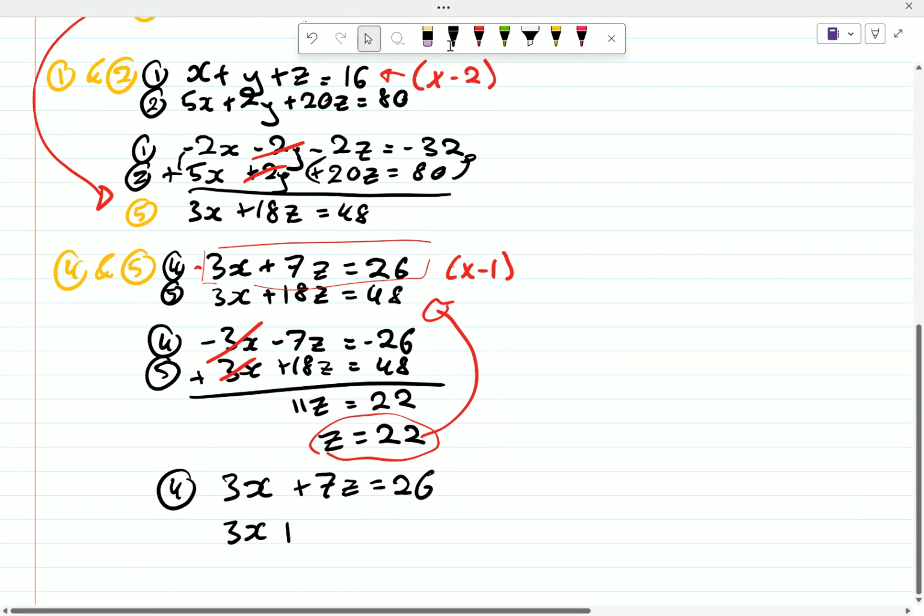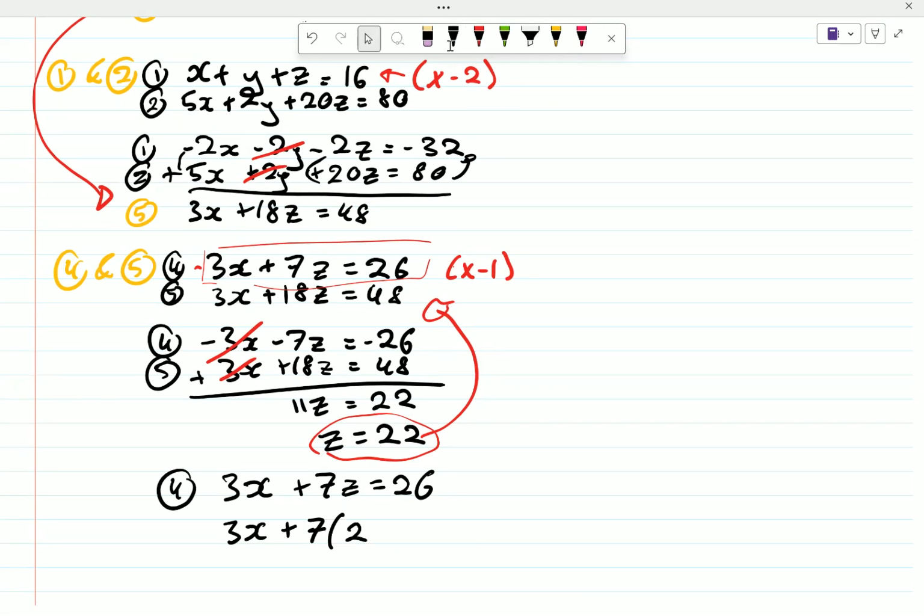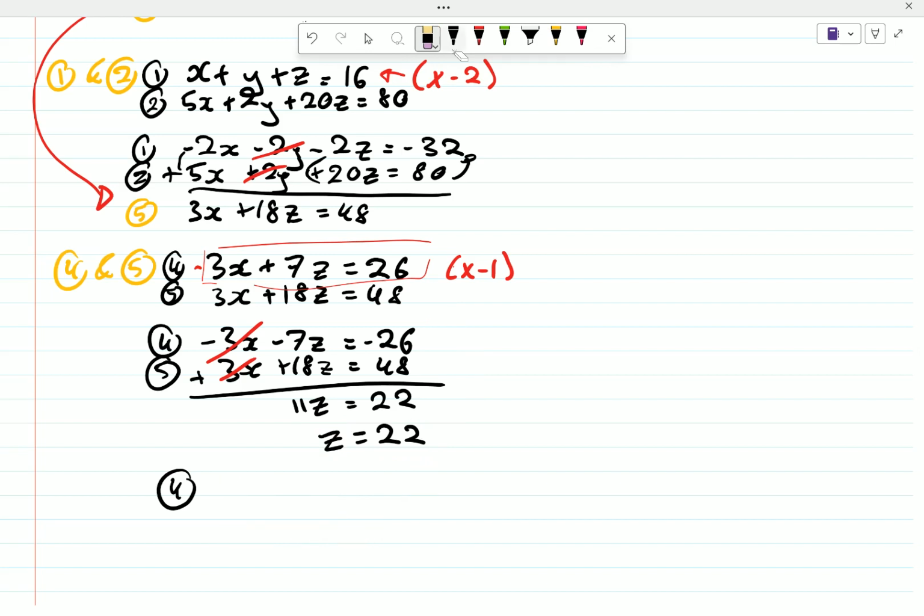Sorry, my mistake, this is why you always have to use a calculator. z is going to be 22 over 11, which is 2. So z is equal to 2. Now we're going to use this value for z. That was my fault.